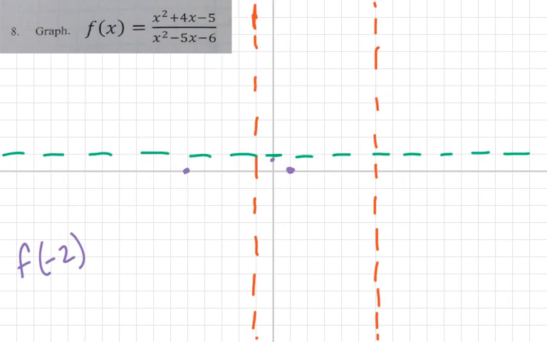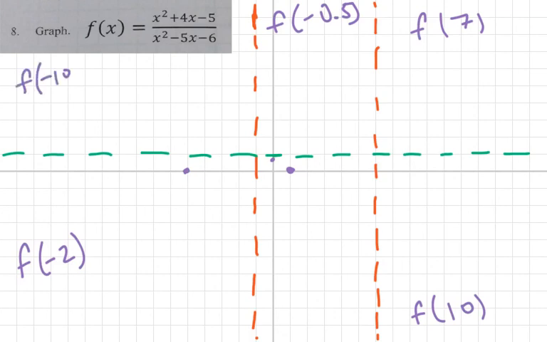I'm definitely going to need to do 2 over here, so I might do f of 7 and then f of 10, to get a better idea as to where this function is. I might want to do f of -0.5, and you can use your calculator to calculate these by putting each one into the original function. So I'm going to take a moment off screen to do that so we can get those values. And then we'll know what's going on. And for posterity's sake, I might also do f of -10, just so I see where it is.